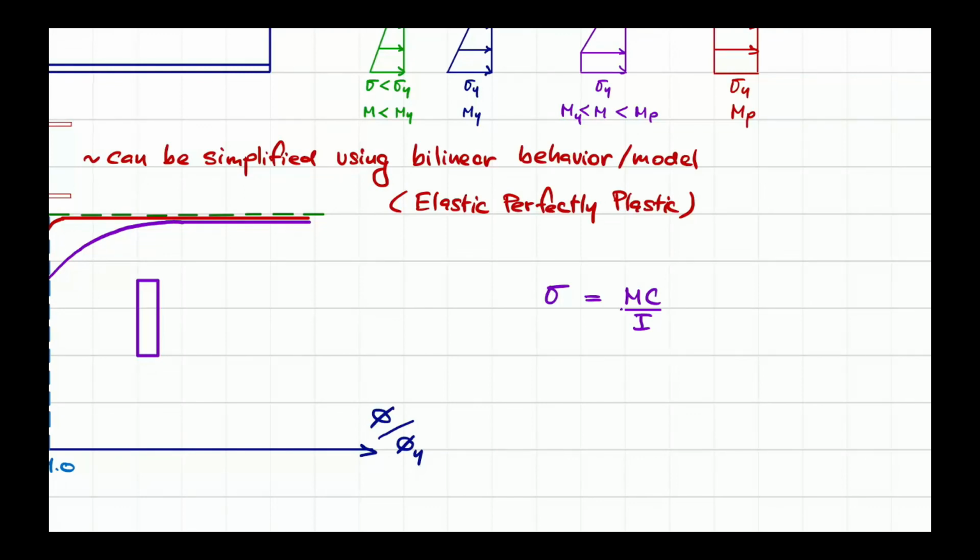So in order to make it easy for you to determine the M, you have sigma times I over C, where C is measured from the extreme fiber to the centroid, and that is the definition of SX, the section modulus.